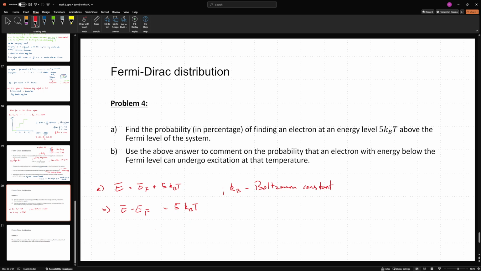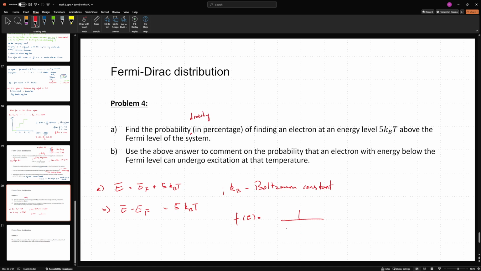So just substituting it into this formula, f of E is going to be one divided by, well, I should have said probability density. It's not the exact probability.